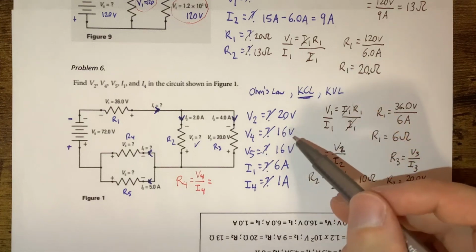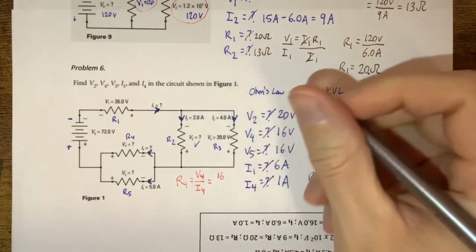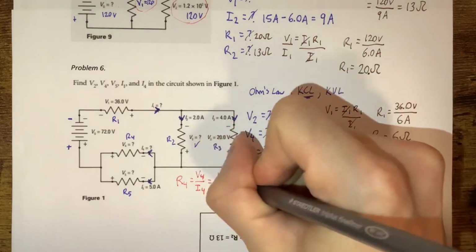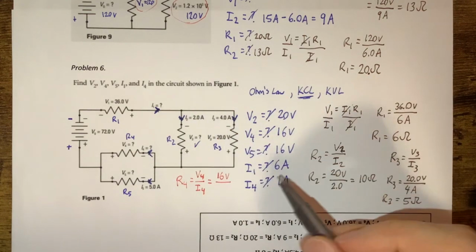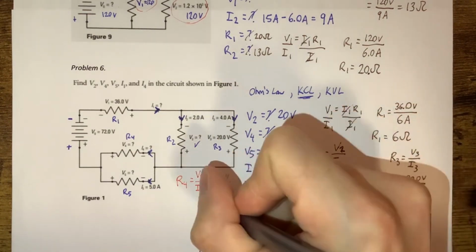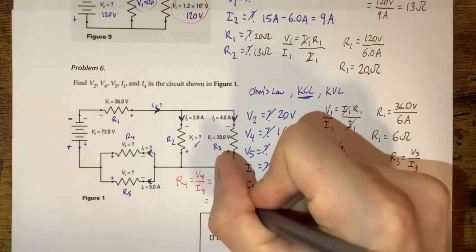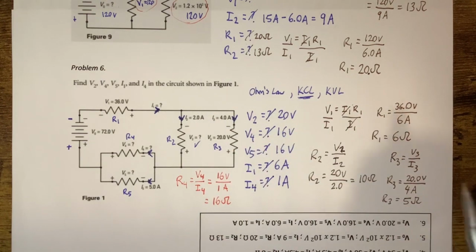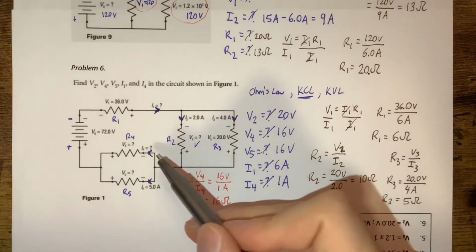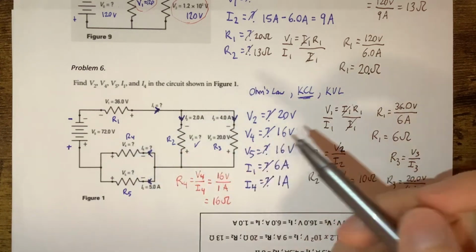We know that for certain. It is right here. We have our 16 volts here. And that's going to be over the I4. That's going to be 1 amp. So this is looking like it has quite a bit of resistance here. So we have our 16 ohms here for the R4. And that does check out, right? Because look how much current decided to go down this path. There's a lot of resistance there, so most of it's going down this way.